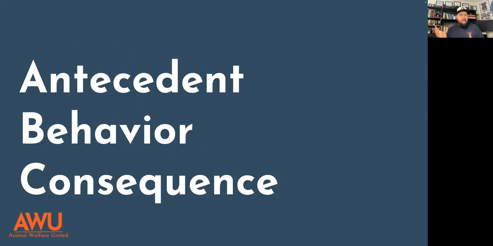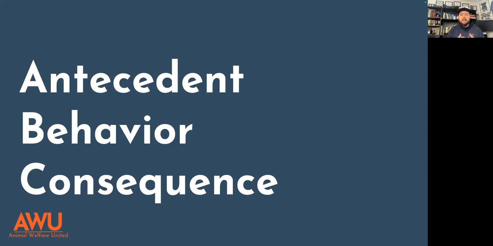Here's our applied behavior analysis sequence: antecedent, behavior, consequence. So the cue and the prompt are both part of the antecedent. Antecedent is everything that came before the behavior. I want to be super clear here that the behavior is the outward expression. The behavior is what I can observe.